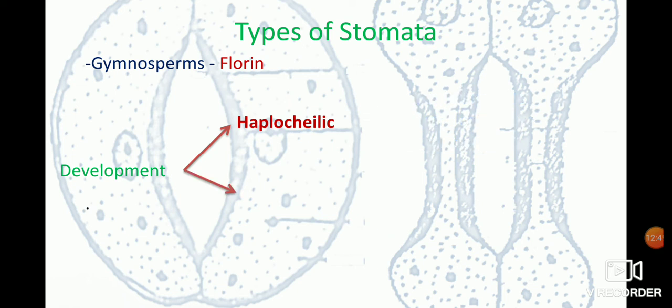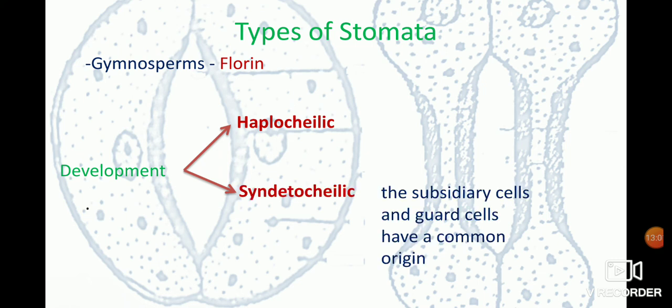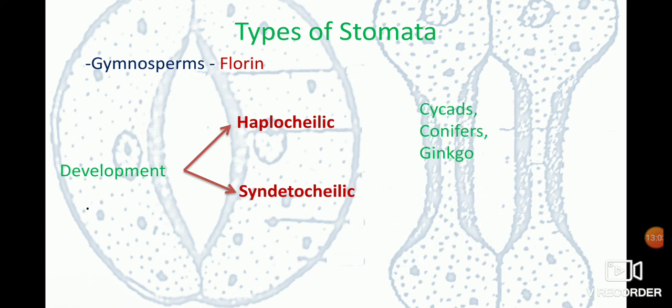Whereas in syndetocheilic stomata, the subsidiary cells and guard cells have a common origin, that is, they arise from the same mother cell. The haplocheilic condition we see in gymnosperms like cycads, conifers and ginkgo, whereas the syndetocheilic type is seen in the advanced gymnosperms, that is Gnetum and Welwitschia.